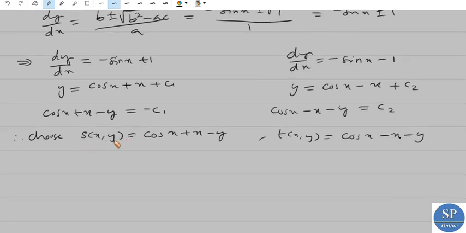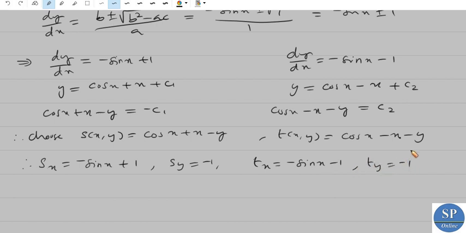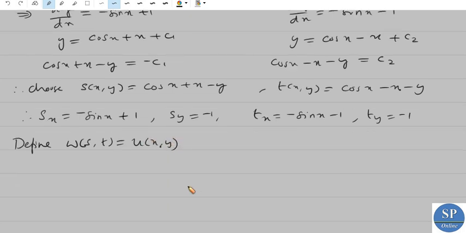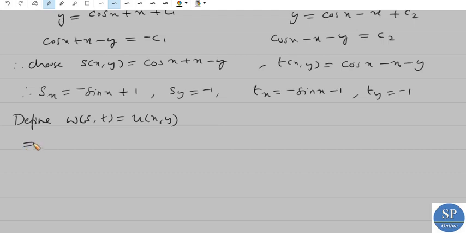Now we can find the partial derivatives of this s and t. s_x equal to minus sin x plus 1, s_y is equal to minus 1, t_x is equal to minus sin x minus 1, t_y equal to minus 1. Now define w(s,t) which is equal to u(x,y). So we have to find the partial derivatives of u with respect to x and y.